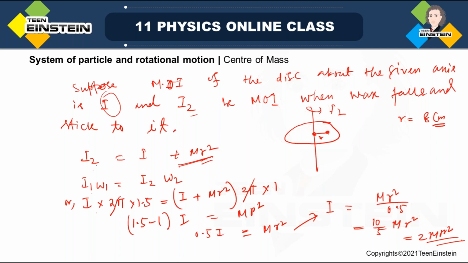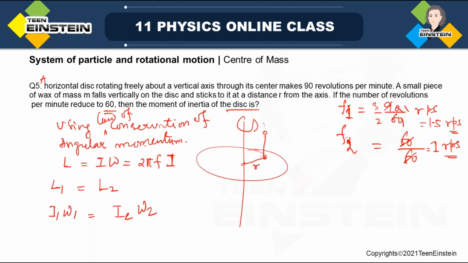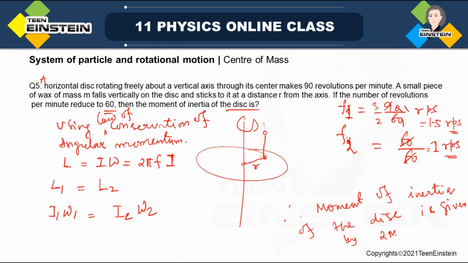So the answer for this question will be the moment of inertia. Therefore, the moment of inertia of the disk is given by 2 m r square.